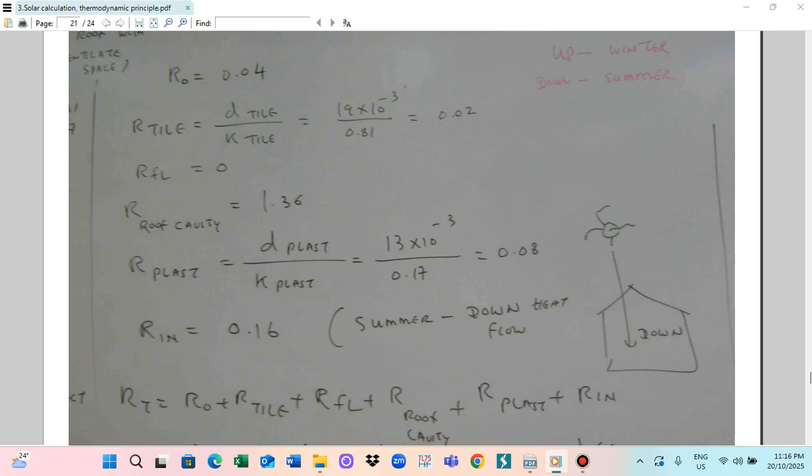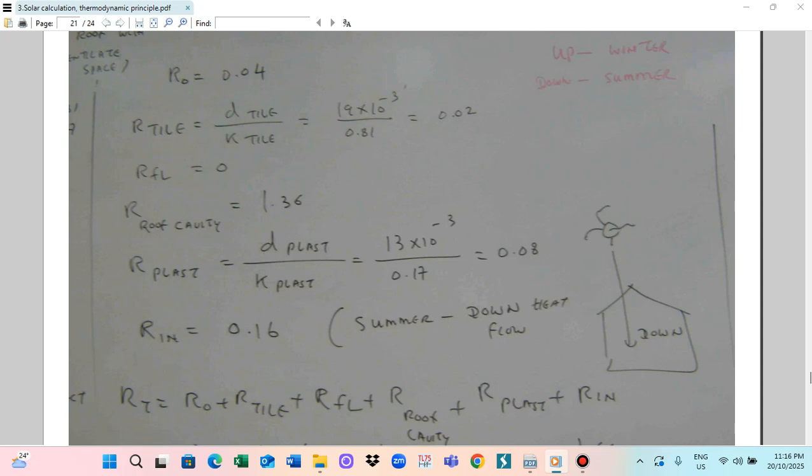And also you have to calculate the R root cavity. So R root cavity can also be calculated. It depends on how the roof is constructed.